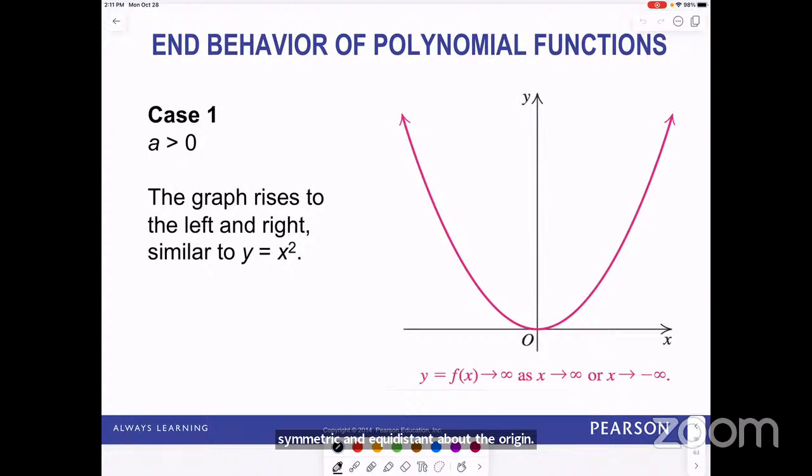Okay, so if we were to consider the end behavior of our power functions, right? So I want to say something is missing here. Let's see. N is even.